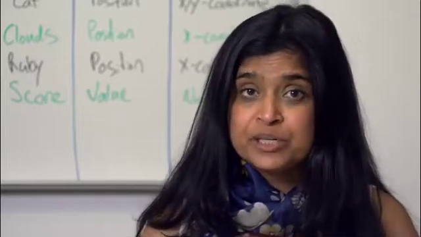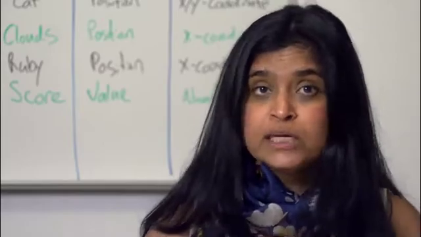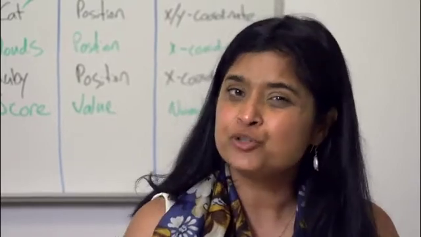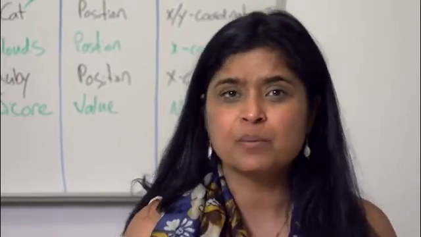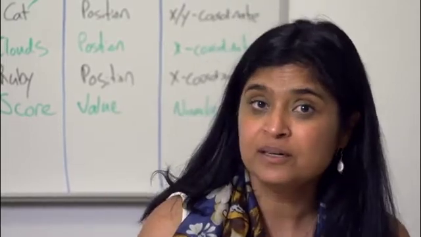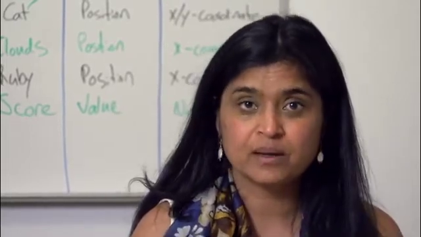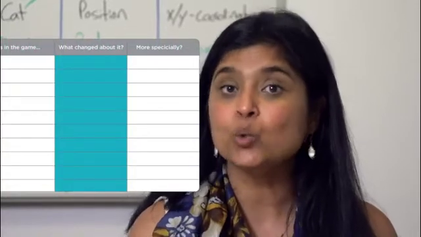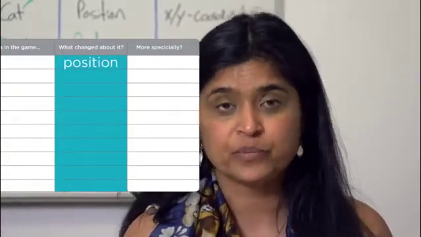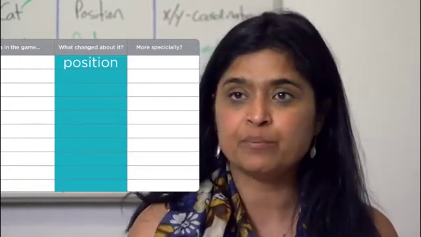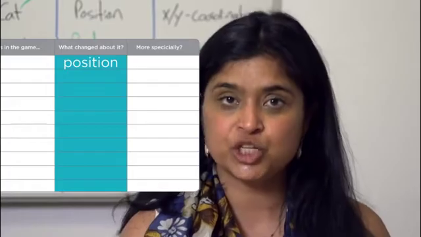Moving is an action, but what you're looking for is the position or the location as being the thing that changes. It's generally helpful to use examples for this. So for example, when you grow up, your height changes. When you get older, your age changes. Ultimately, students should realize that every character is only changing their position. The score's value changes, but everything else in the game is fixed and unchanging.